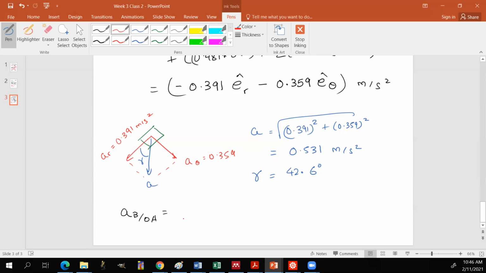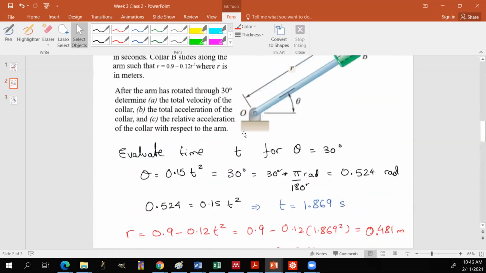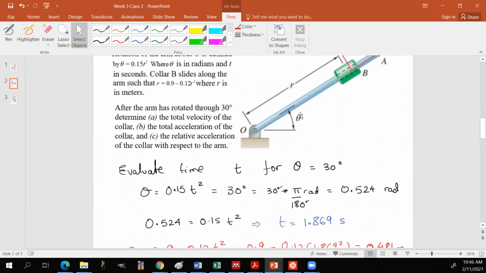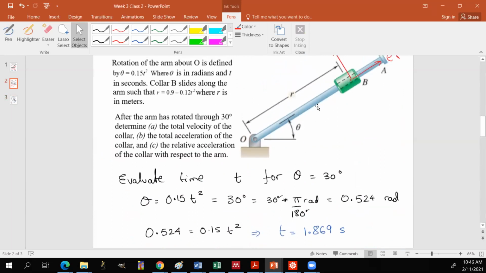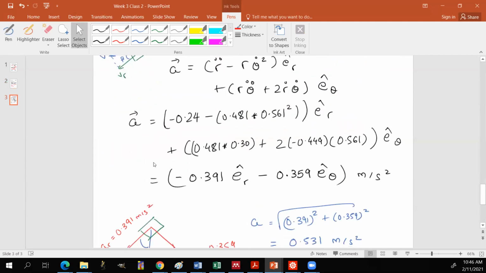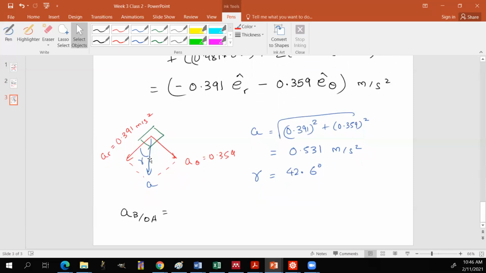It's equal to the rate of change with which this collar is sliding on this arm, and that rate only changes at a rate of r double dot.